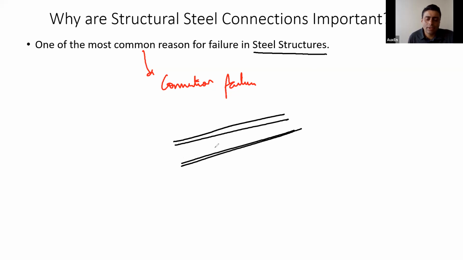If I could give you a simple example, in most of the PEB sheds, let's say this is my rafter, and this is a purlin on top of the rafter, and then I have got a sheeting on top of it. So if you see in wind events, the most common failure is that the sheeting blows away, right? The sheeting just blows away due to the high wind pressure being exerted.